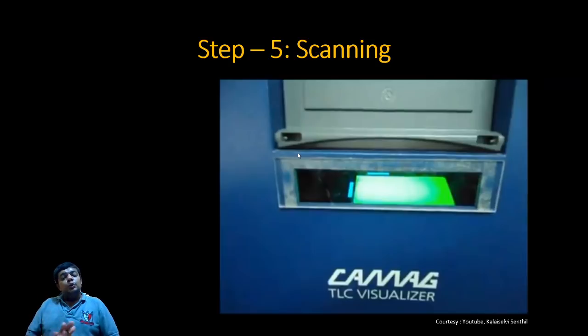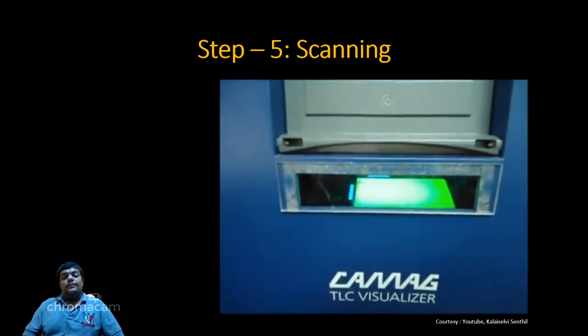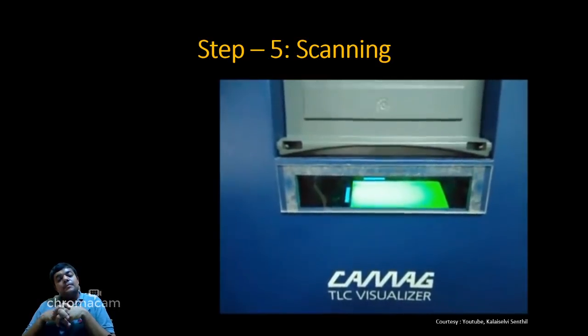So never use such kind of things. Just take it out from that chamber which was filled with mobile phase. Your chromatogram development has been completed and now you keep it outside for a while to dry and directly place it in this scanning visualizer. Keep it in visualizer at 254 nanometer.